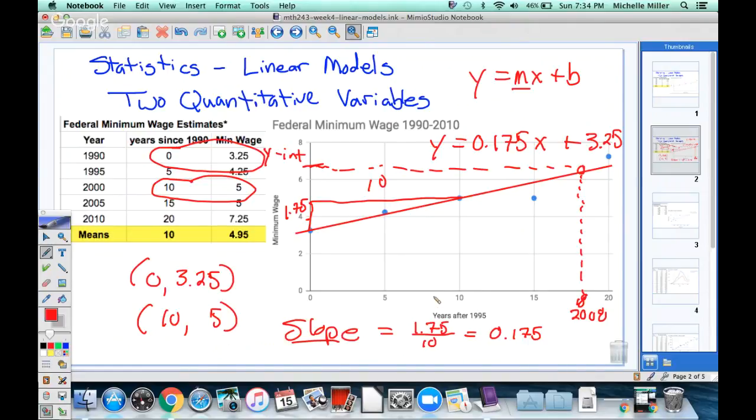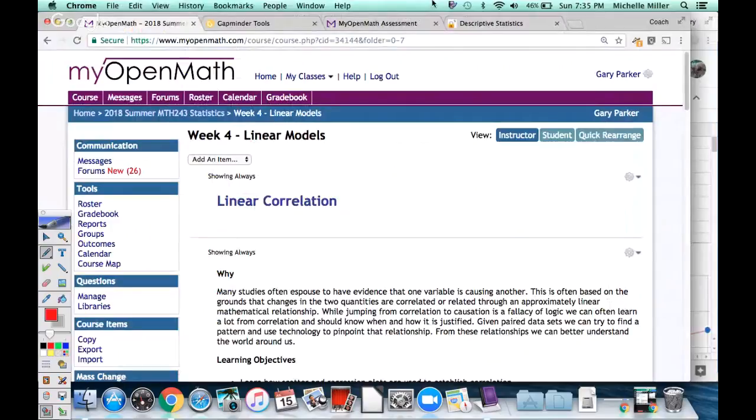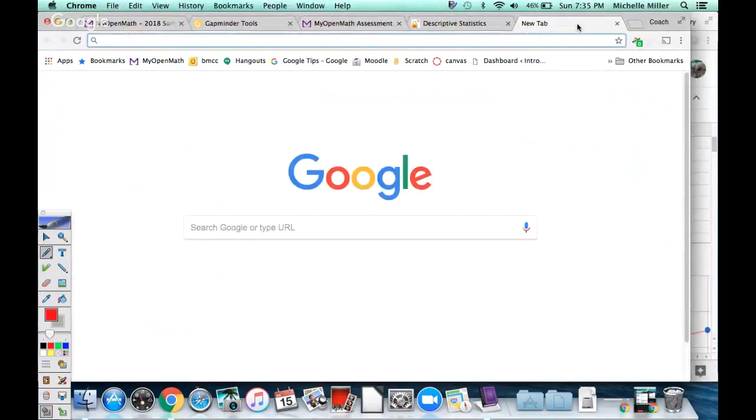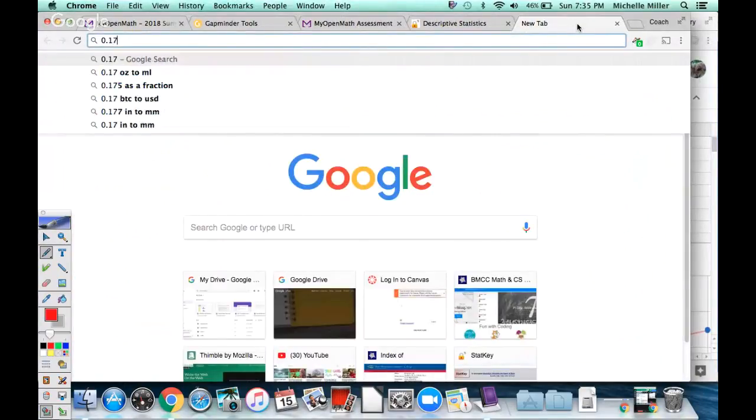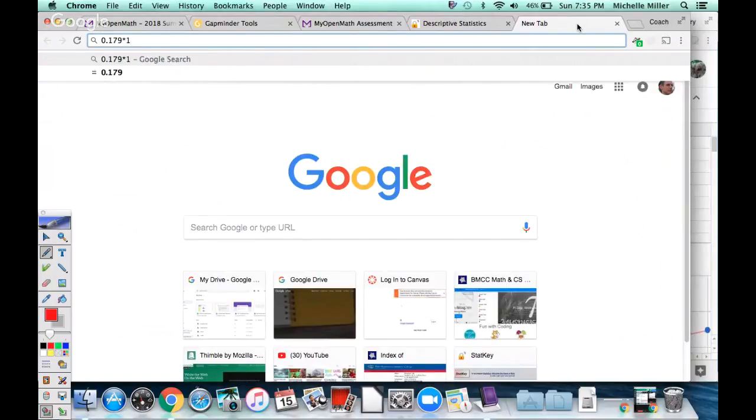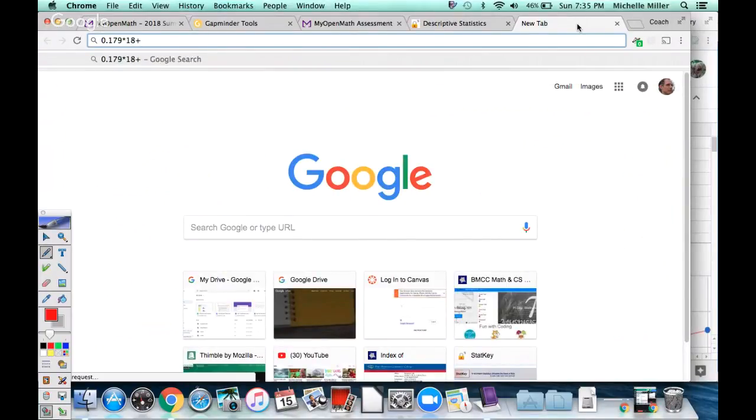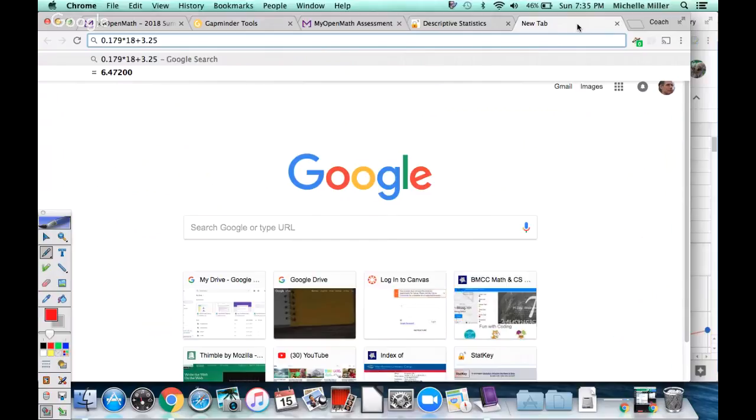And I could use a computer to help me figure that out by just plugging the x value 18 years after 1990 into my equation right there. So let's just try that. So I had a slope of 0.175. I looked at that 18 years later, starting off with 3.25.